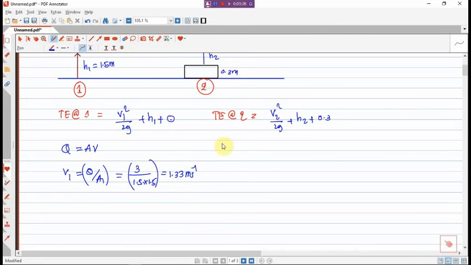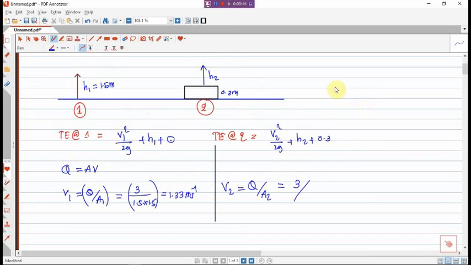On the other hand, v2 is equal to Q upon A2. Q is the same for the channel, but A2 should change here because of the sill, so A2 is 1.5 into h2, where h2 is the height, and that gives the velocity v2.